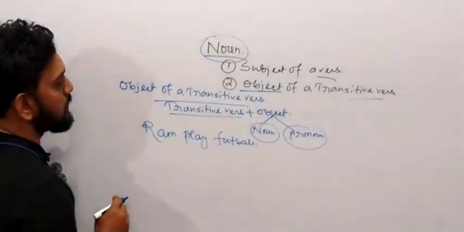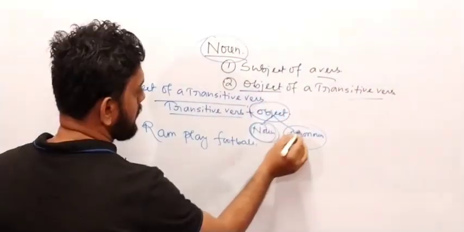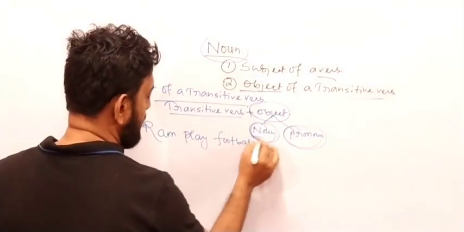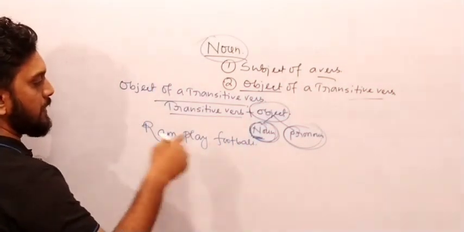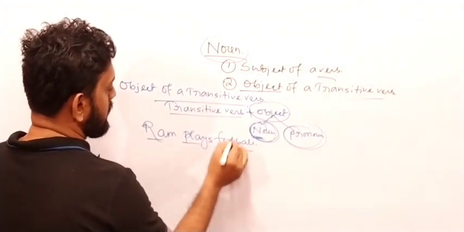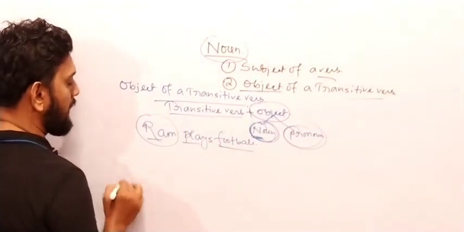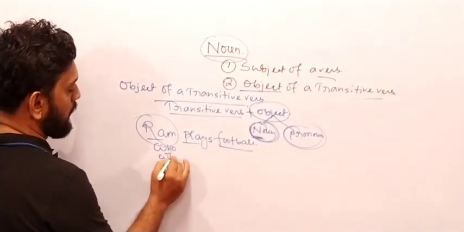Now the object also can be a phrase. The object is always either a noun or a pronoun, or if it is used as a noun, it can be a word, a phrase, or a clause. So, Ram plays football. Last day I also defined how you can find the subject using the WH question words who and what.